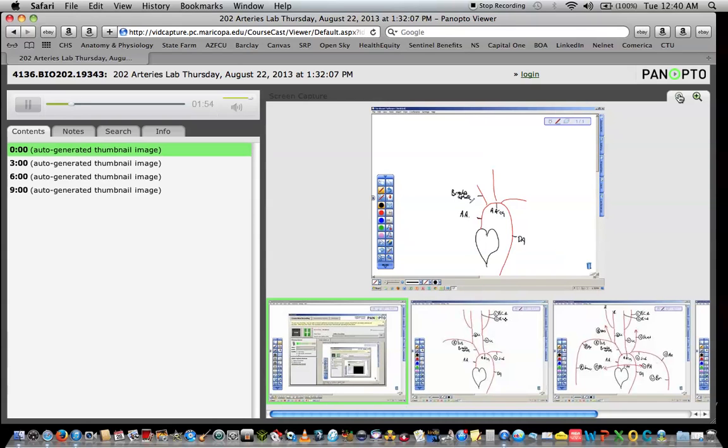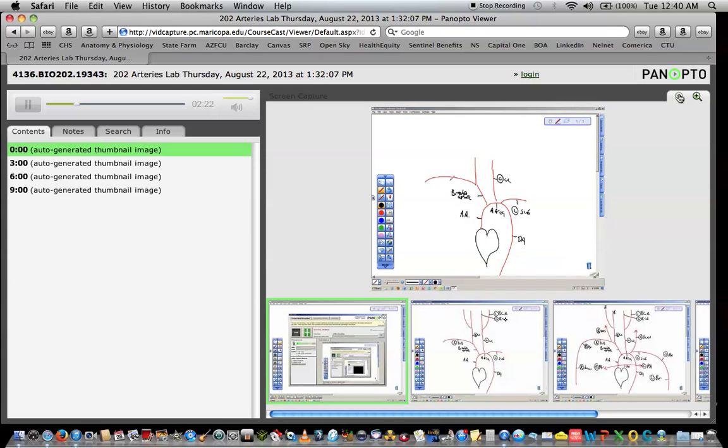Over here we have the left common carotid, and right here we have the left subclavian. Okay, now our brachiocephalic will split into two other branches that mirror the ones on the left-hand side.